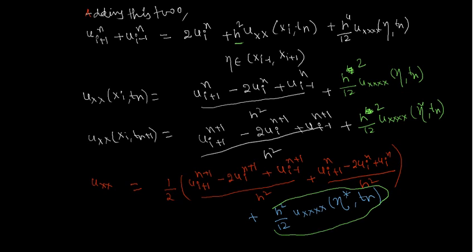Now we can find out the net truncation error. We have u t equals c square u xx.